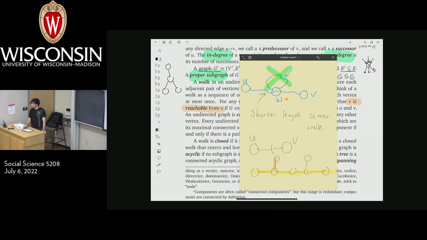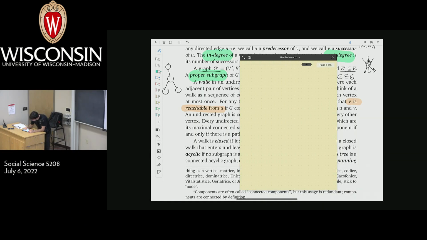Yes? What was your inductive hypothesis? My induction hypothesis is for any walk of length less than W, there exists a U to V path in the walk, or as a subset of the walk.